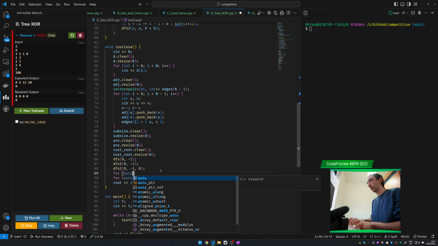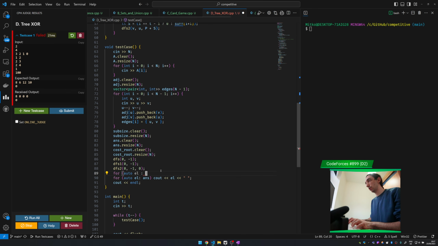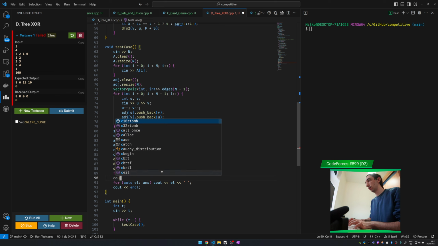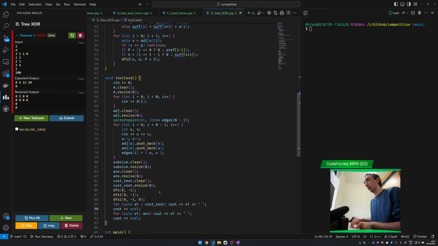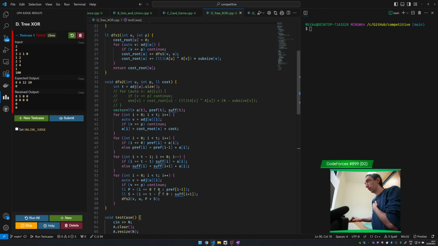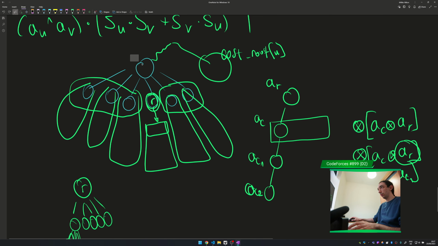So let's see what is each cost. This is the cost of the road. It's being root nodes. Now we need the answer to update. To update the answer, yeah, so we're here, right?